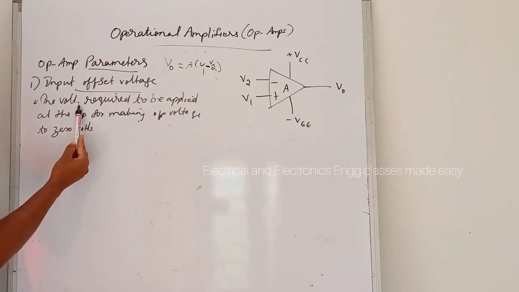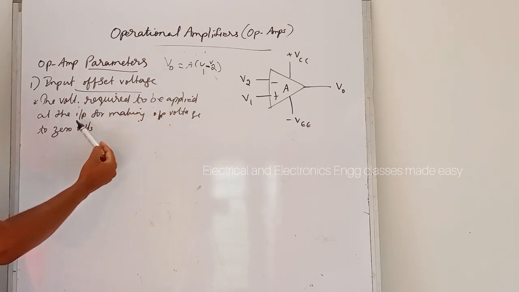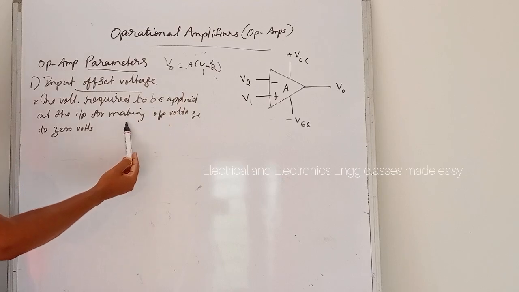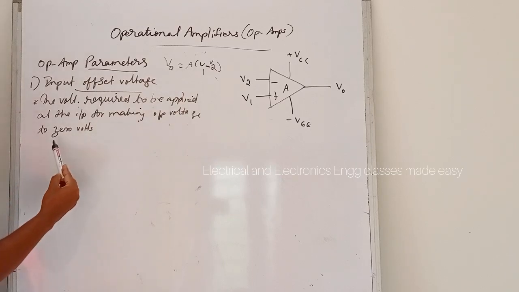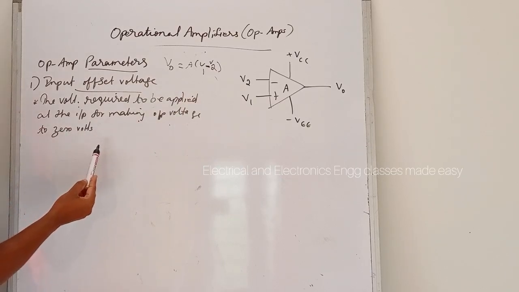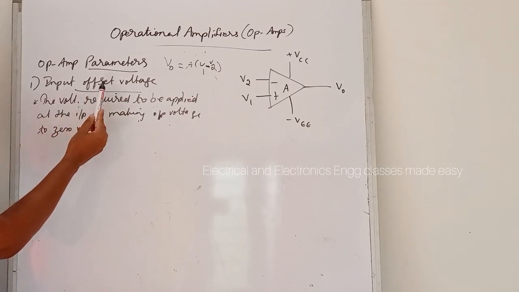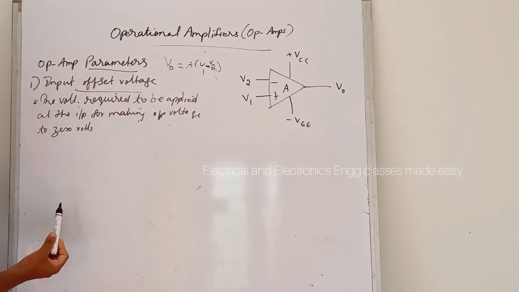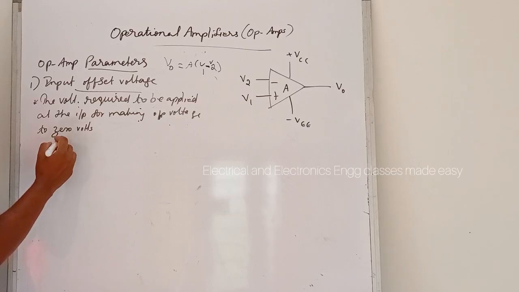That is, the voltage required to be applied at the input for making the output voltage 0 volts is called input offset voltage, and it is denoted by VID.